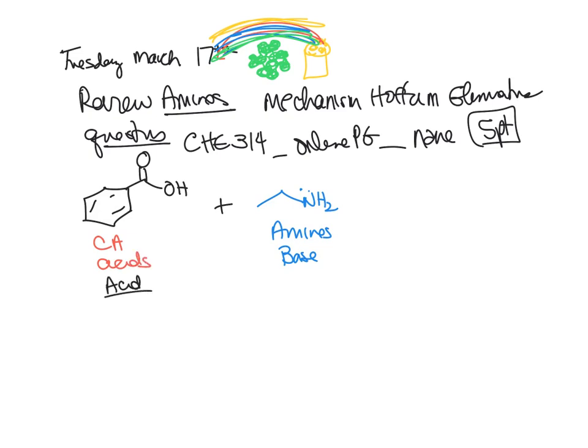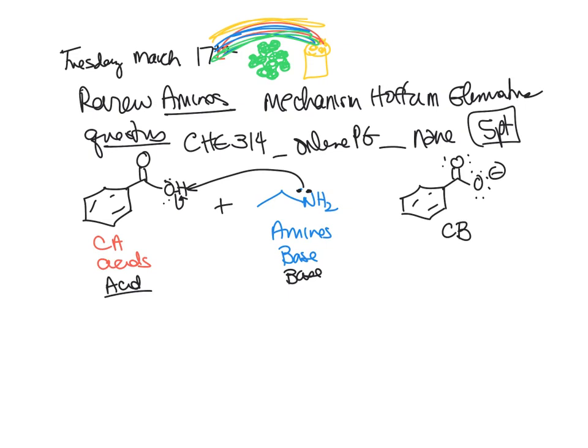Your base will take its lone pair and abstract that hydrogen, and those electrons will go with that hydrogen. Then your product becomes the benzoate, with the acid losing its hydrogen, so that's its conjugate base, and your nitrogen has taken that hydrogen, and that becomes your conjugate acid.